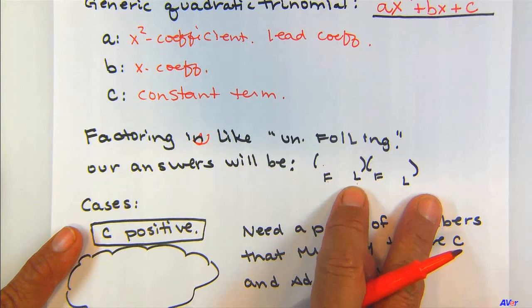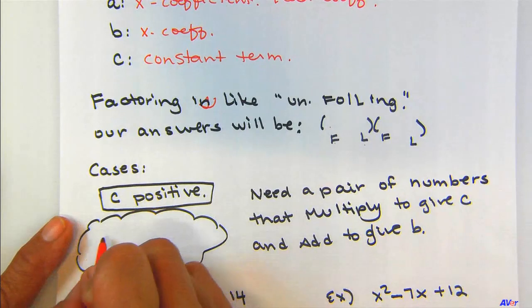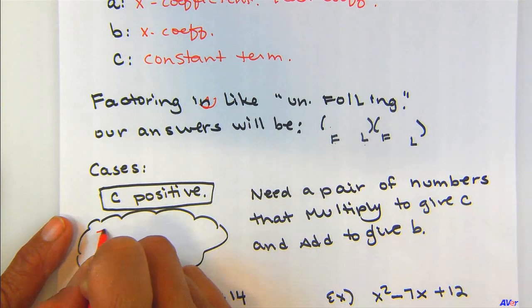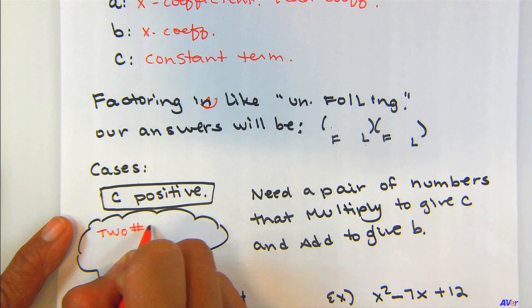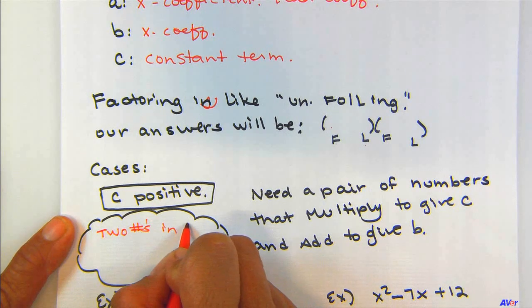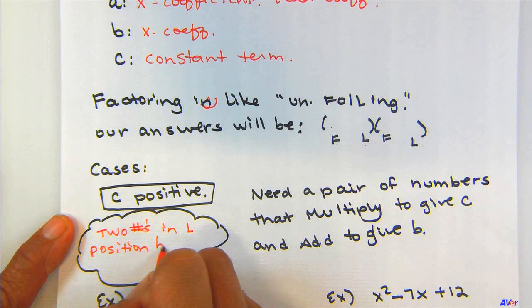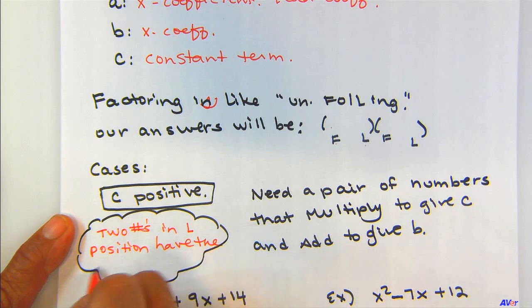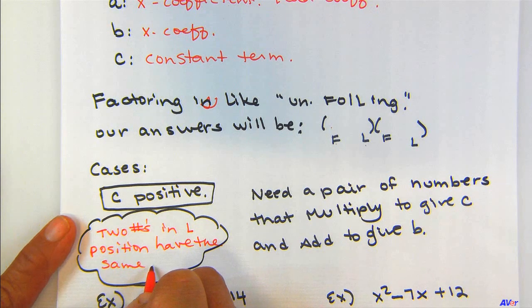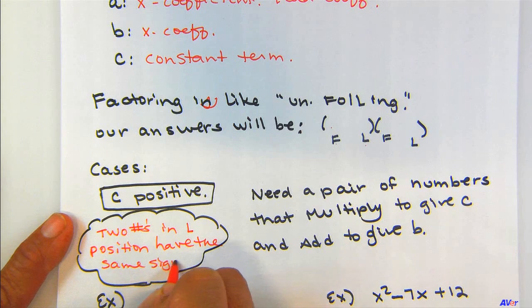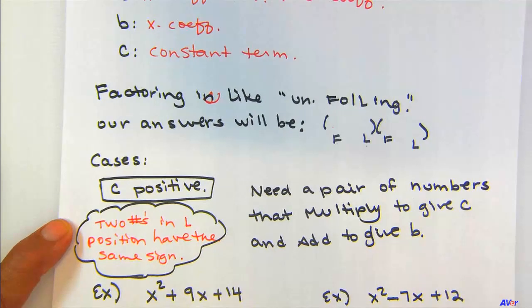Okay? And if c is positive, that means the two numbers in the last position have the same sign. Both positive or both negative. They both have the same sign. Okay.